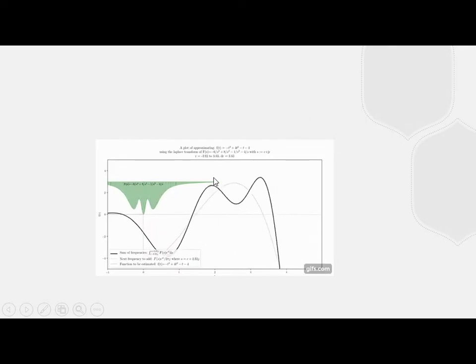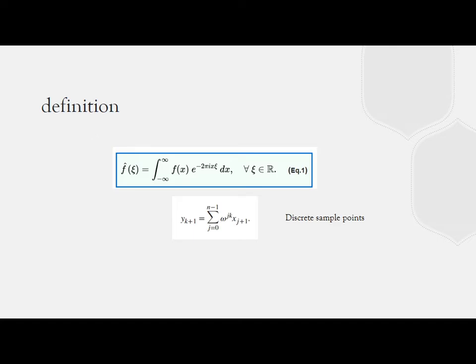So any function like this can be approximated by multiple sine or cosine. They are actually the same, just a different phase angle, to approximate a function. So this is the definition of Fourier transform. The upper one is a definition, and the lower one is if you use discrete sample points. So what is a sample point?